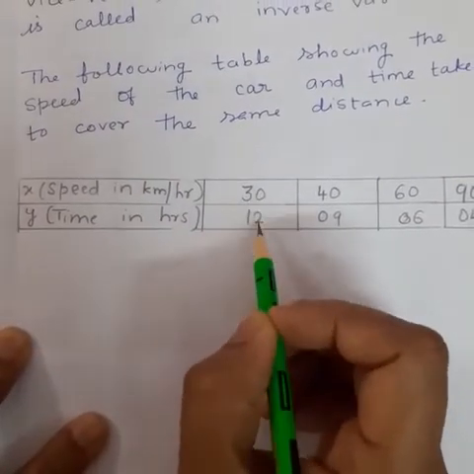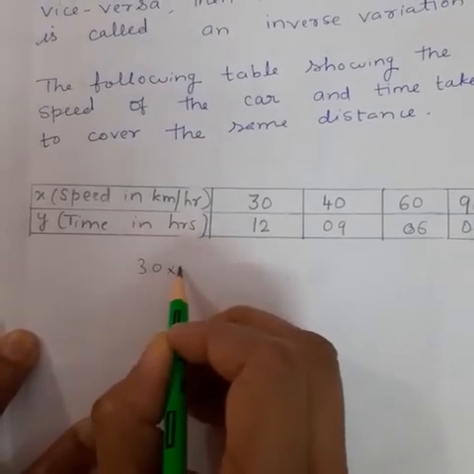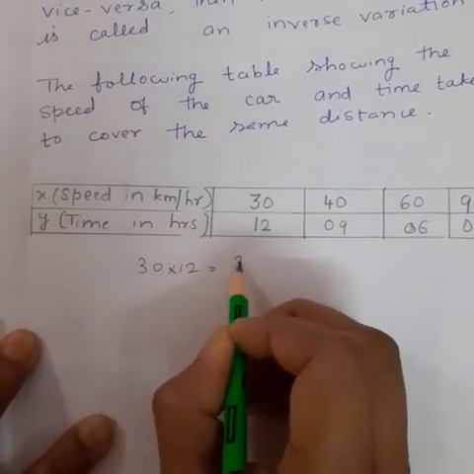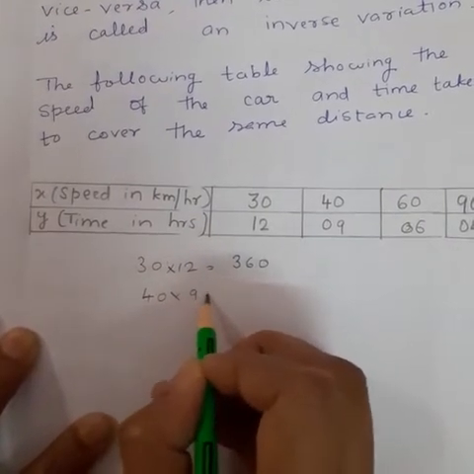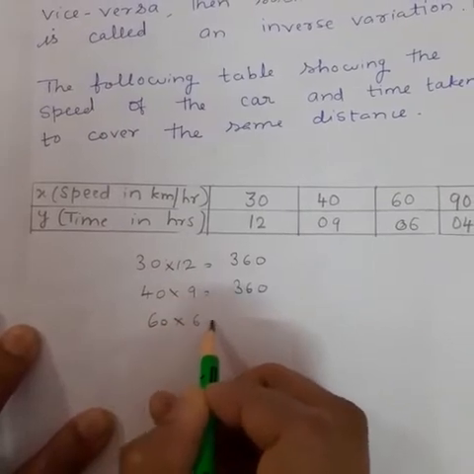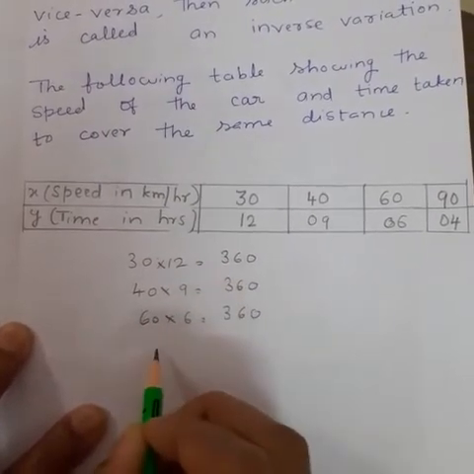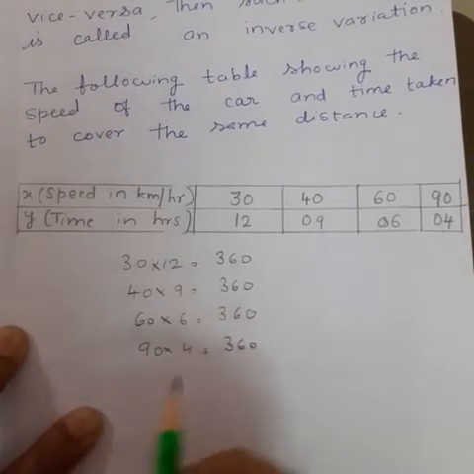Let's multiply these quantities x and y. 30 into 12 is equal to 360. 40 into 9 is equal to 360. 60 into 6 is equal to 360. 90 into 4 is equal to 360.